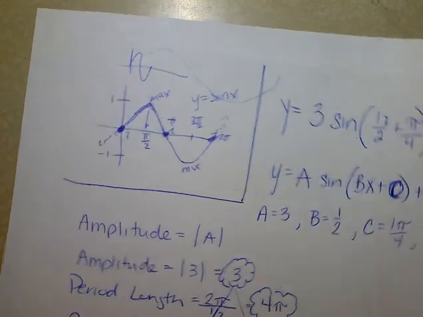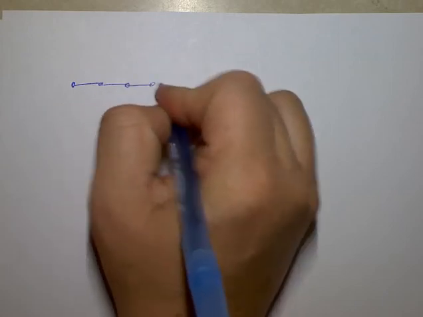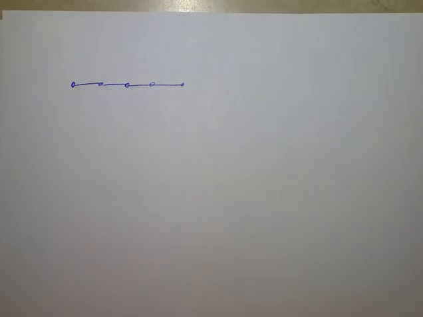So before I graph on an actual graph, I'm going to just write this down. Let's start with 0. Okay, and there's 1, 2, 3, and 4. 0, 1, 2, 3, and 4. Please do the same. What was the starting value that we were able to come up with?